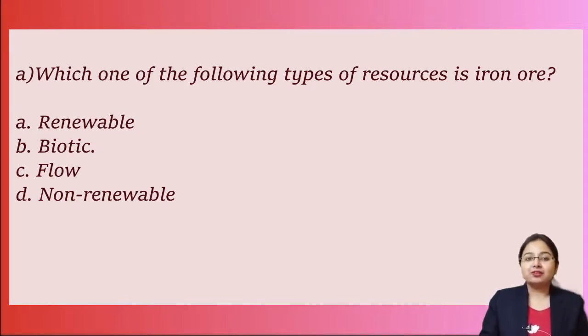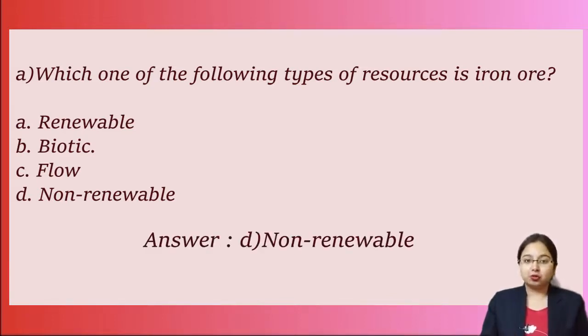Means the resources that cannot be used again after usage. Once you have used those resources, they cannot be used again. They exhaust and it takes millions of years to form those resources again. So iron ore is a non-renewable resource. That means option D.